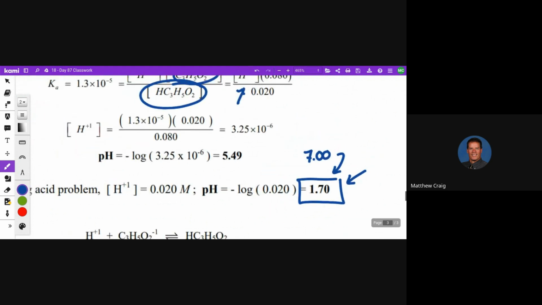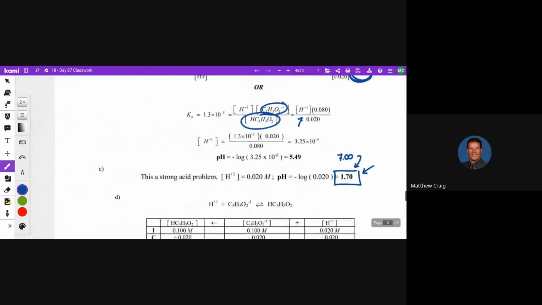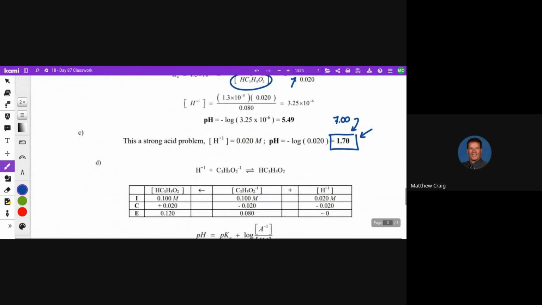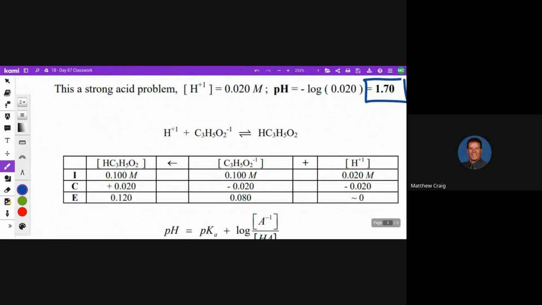How's that? All right, so then looking at part D, we have 0.1 molar of our propanoic acid. We have 0.1 molar of our propionate. Yeah, I know it changed a little bit based on what we did on the previous step, but we'll pretend that the 5% rule, so we're going to use this. We have more than enough of the propionate to absorb the hydrogen.